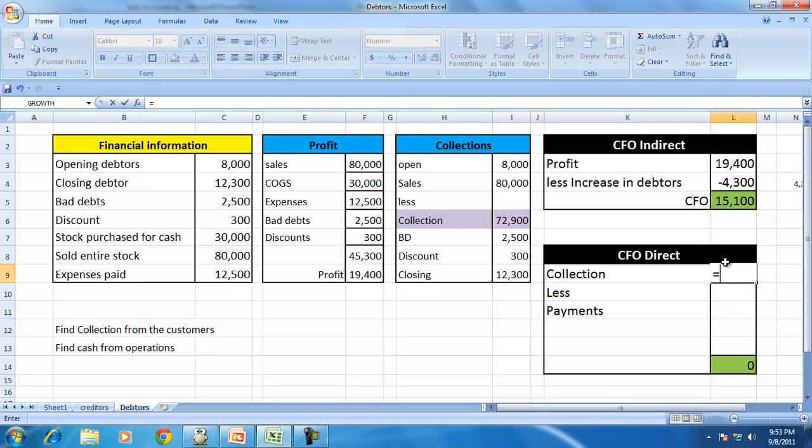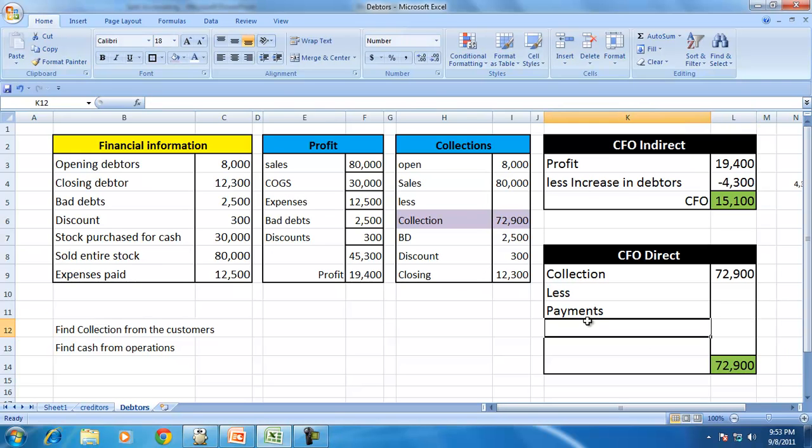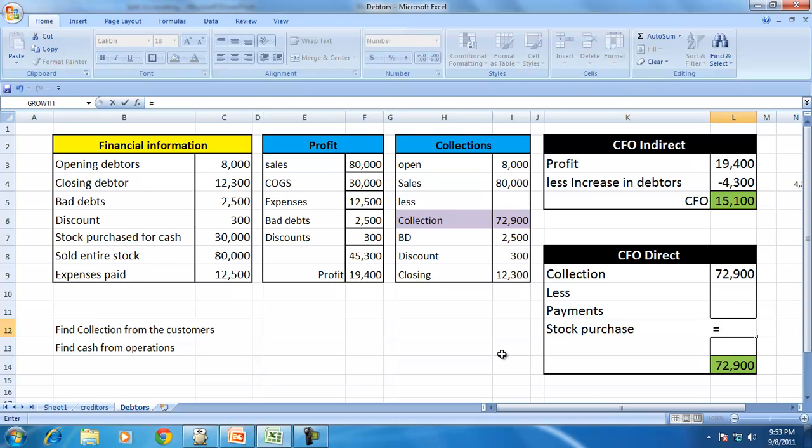So if the collection is 72,900, and the payments that you made during the period, what are the operating payments? For the stock purchase you paid 30,000, and expenses we paid 12,500.